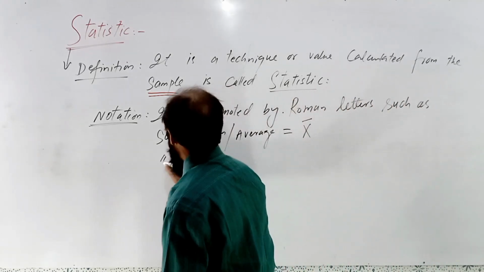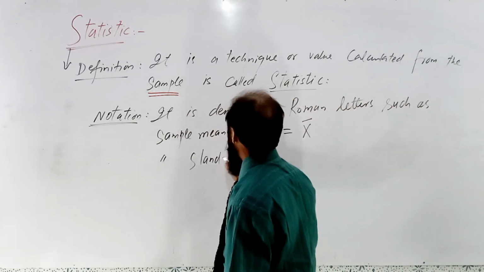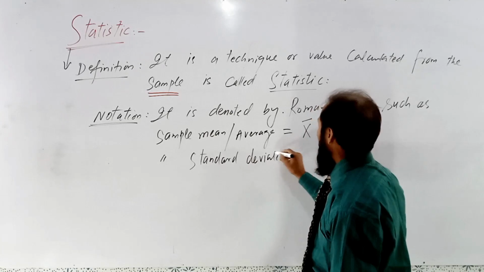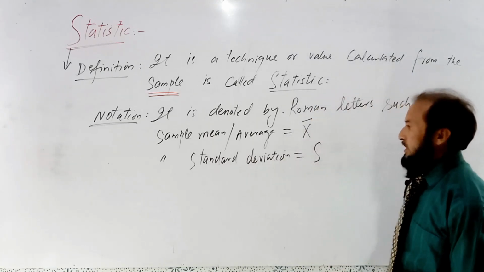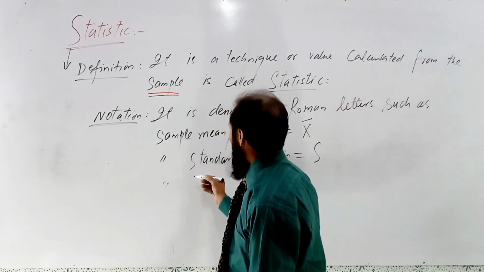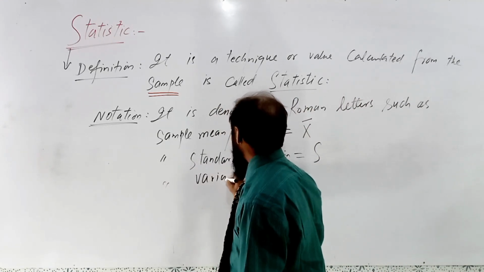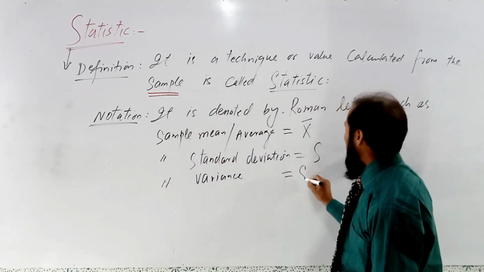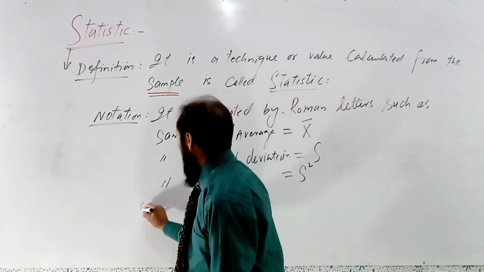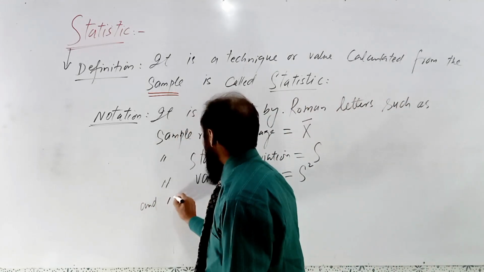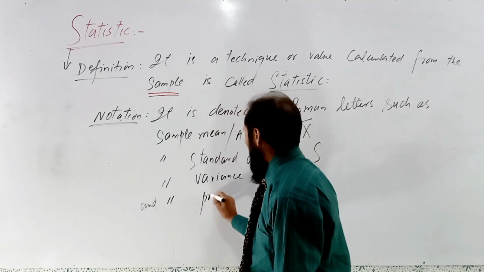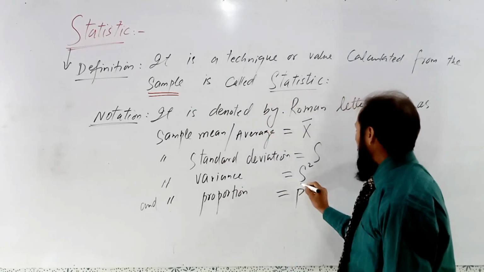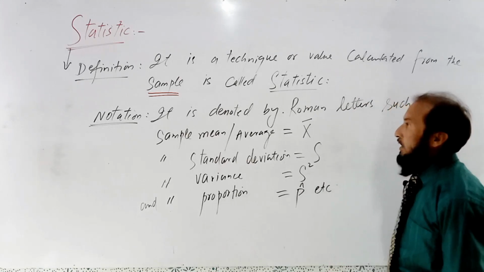Similarly, sample standard deviation is denoted by capital S. Sample variance is denoted by capital S square. And finally, the sample proportion is denoted by p hat, etc.